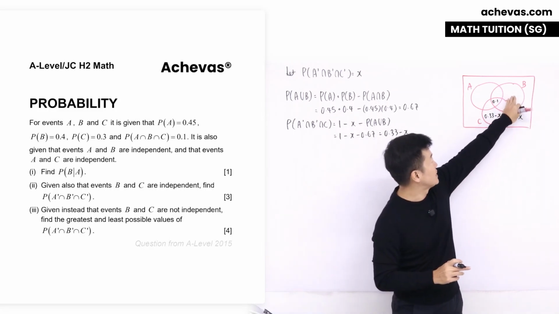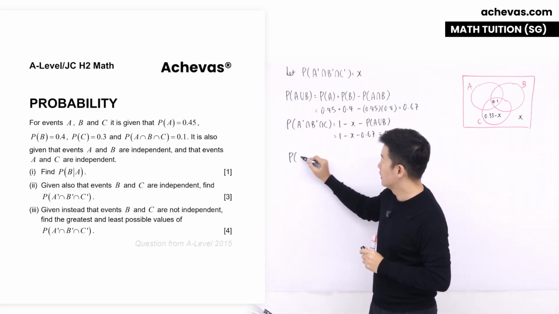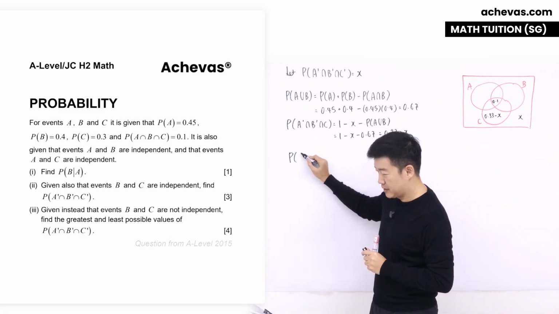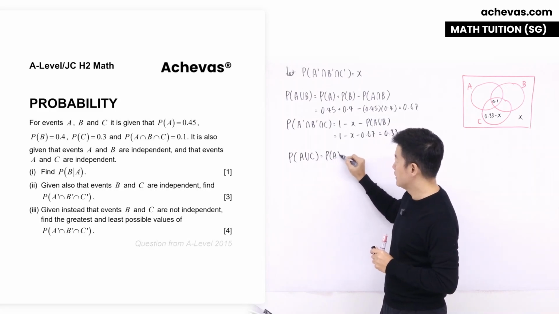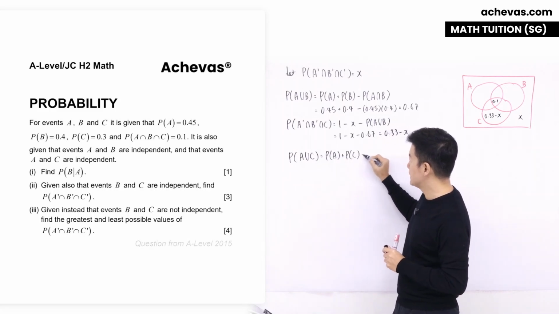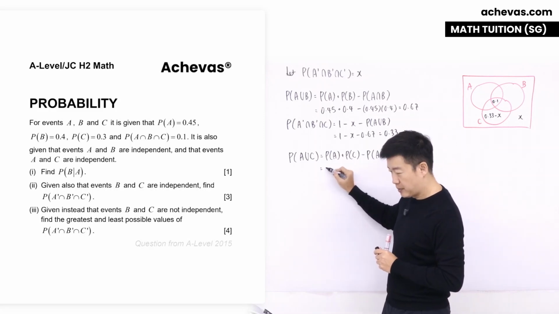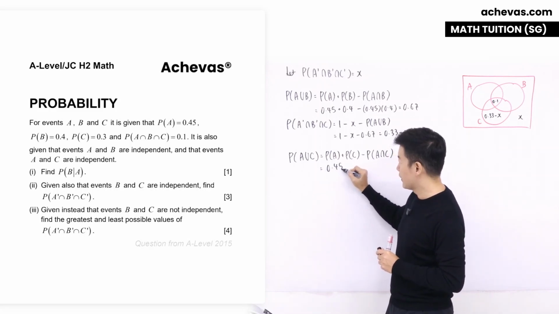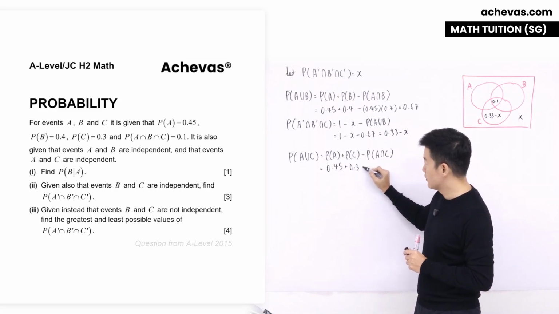So the next round, when I try to find this region, I'll put it in. To find that, I will first find the probability of A union C. It is going to be probability of A plus probability of C minus probability of A intersect C. Probability of A is given to us by the question, 0.45. Probability of C is 0.3.